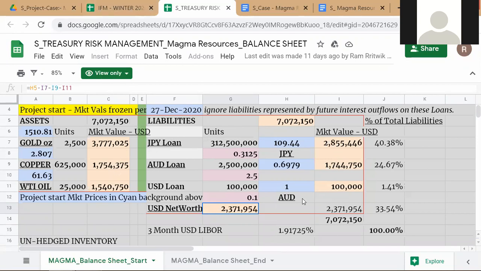So this is how you should understand corporate treasury risk management. The goal is to maximize the net worth. So how does that happen? How does the net worth get affected?